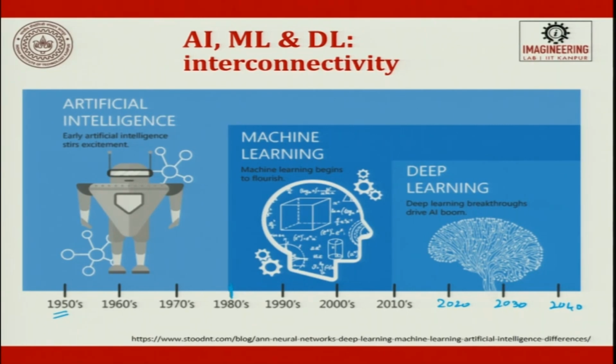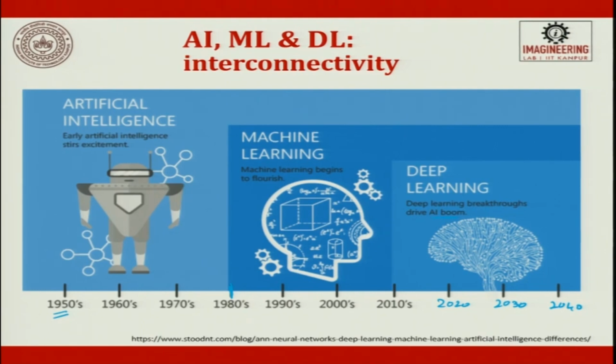And today what we are talking about is deep learning, which is again a subset of ML. Deep learning breakthrough driven AI boom. This started from 2010 approximately, which keeps continuing. Now you will be able to see the linkage between AI, ML and DL.